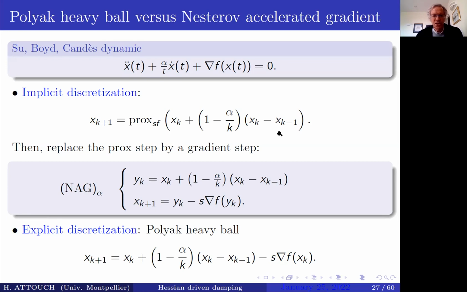This is just a one line computation. Then you replace the prox by a gradient step and you obtain Nesterov. So if you start from this dynamic and you follow this scheme, you obtain a very good algorithm, which is Nesterov. By contrast, if you do explicit discretization, you obtain the heavy ball method. And you know that the heavy ball method is not so good for general convex functions. So in this case, our scheme works well.